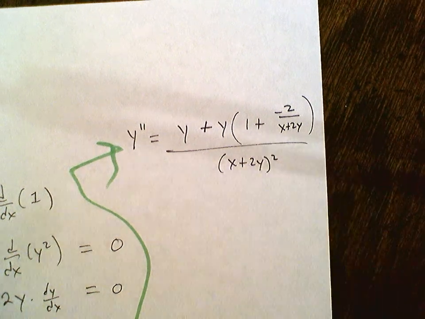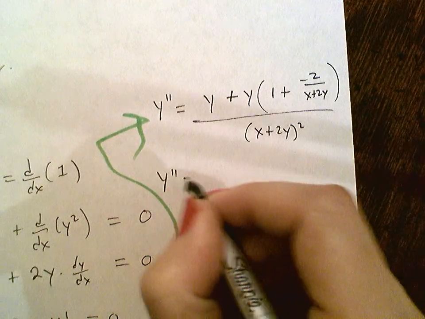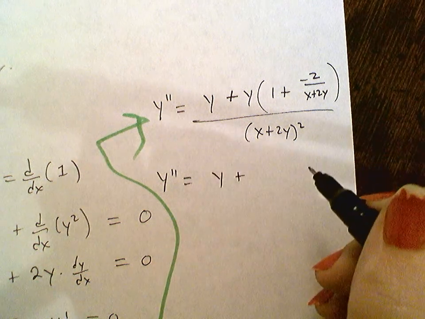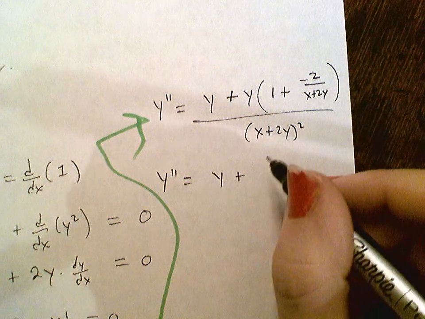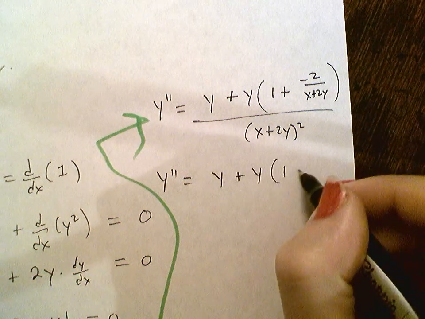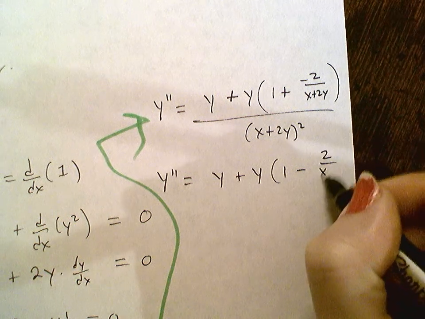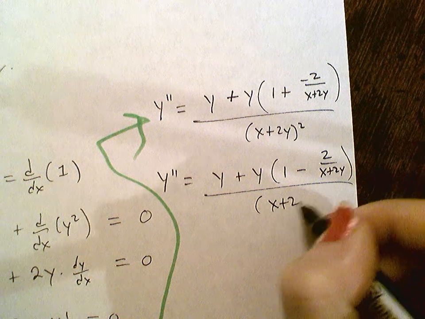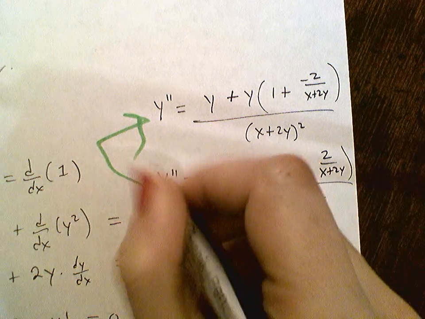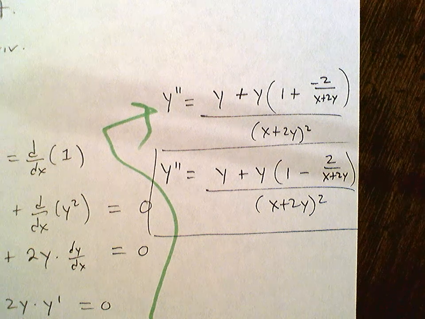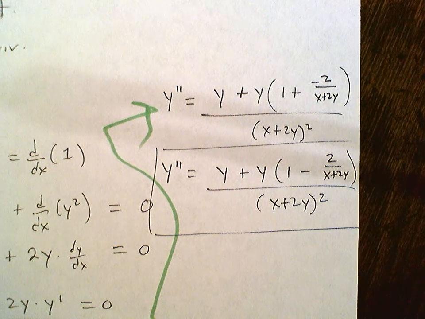This might look better if it's y double prime equals y plus, I can see a way to make it even better, y plus y times 1 minus 2 over x plus 2y. So this here is the second derivative. All right, that is the second derivative in terms of x and y.